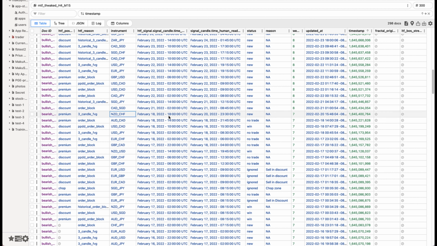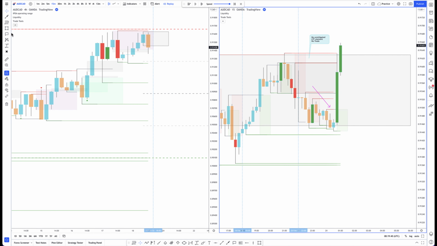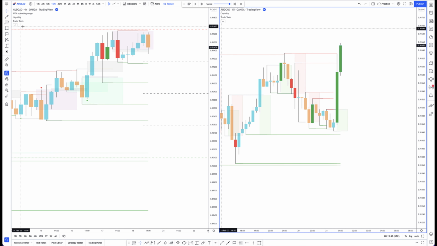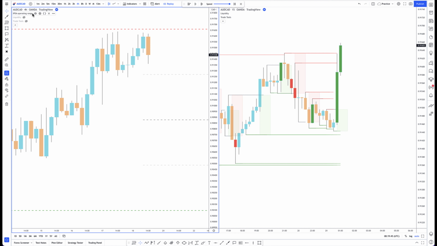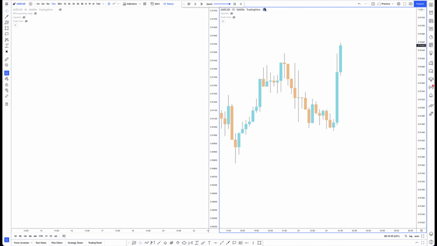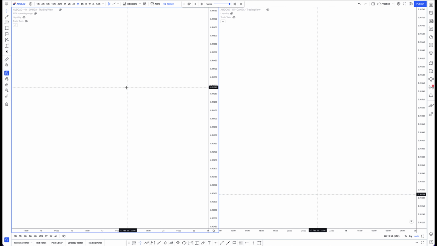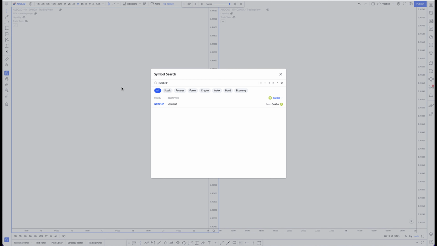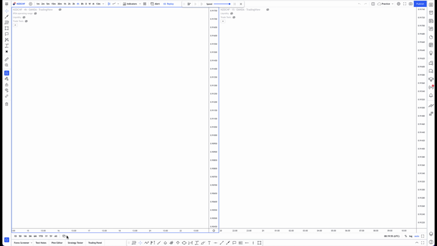NZD CHF, Feb 18 18 UTC. Okay, let's try.